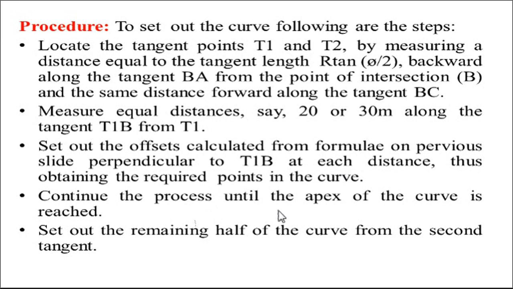Continue the process until the apex of the curve is reached. After the apex is reached, the remaining curve can be set out in the same way for the second half, up to the second tangent. So this is all about curve setting by the second method. So thank you.